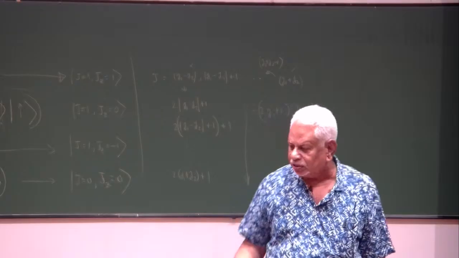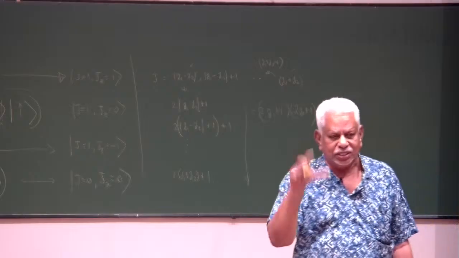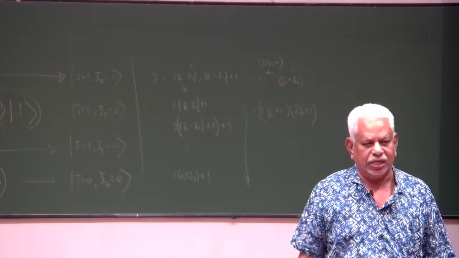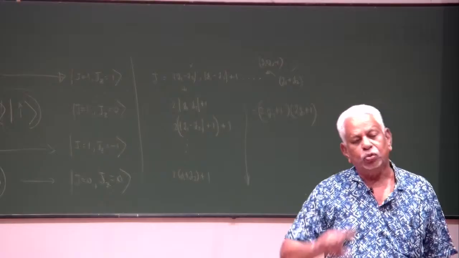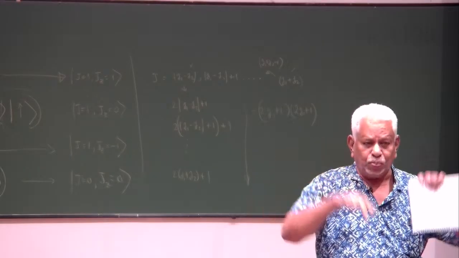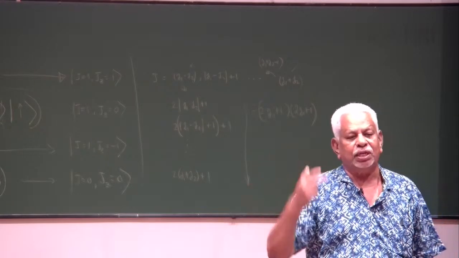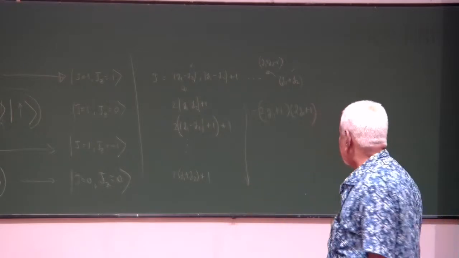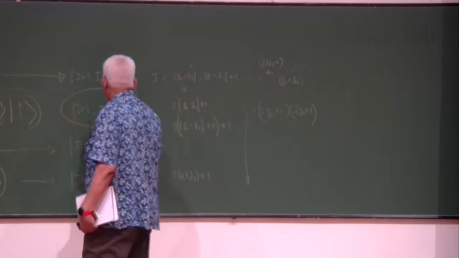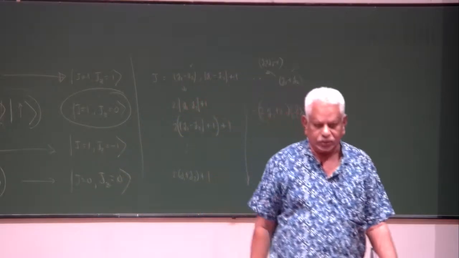The last point which I wanted to tell is, this is for a composite system of 2 spin halves, for example this case, 2 spin halves. Now I can start with the composite system with spin 1, and I start with the spin 1, Jz is equal to 0 state.